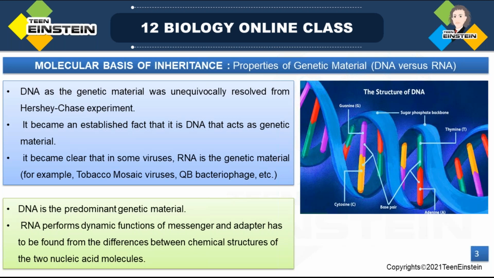In the structure of DNA and RNA you can see some differences. DNA is the main genetic material in most organisms. Only in a few cases, such as viruses like tobacco mosaic virus, you can see RNA as the genetic material.